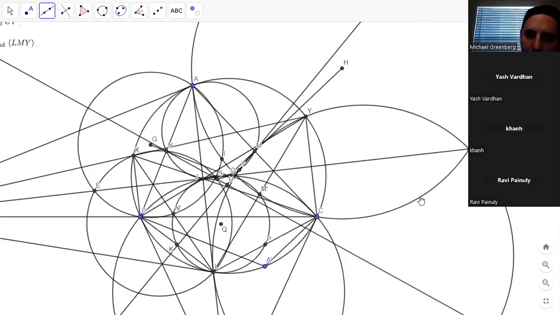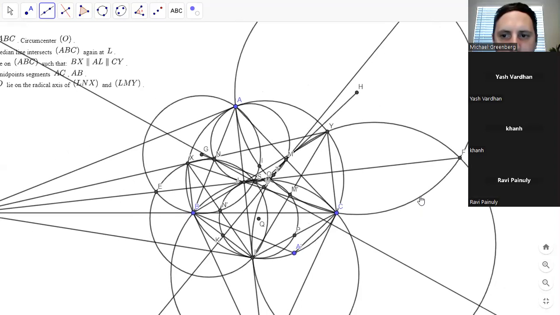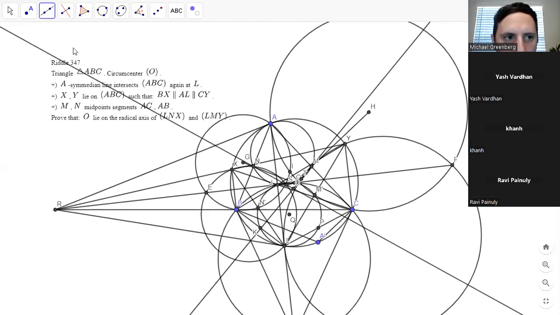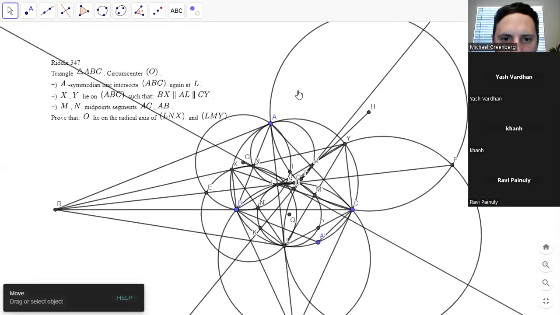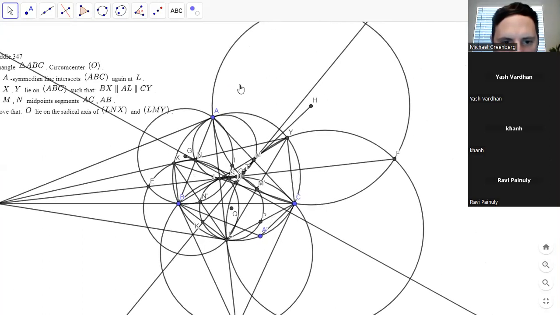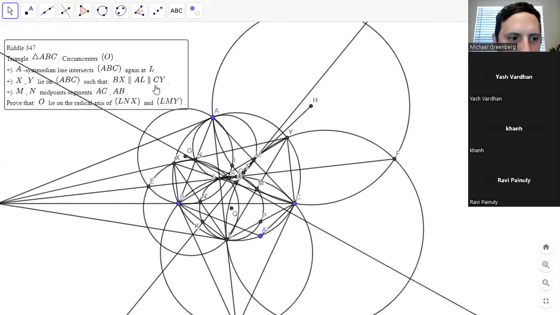So yeah, let me know if you have any ideas doing it that way. Sorry, I know there's so much to this diagram now.